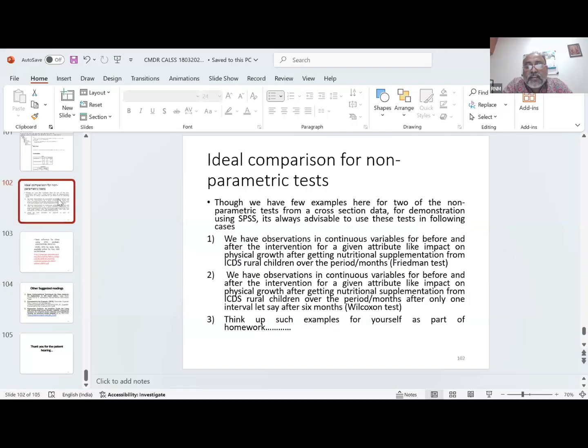The sentences look almost similar, but in one case I have written use the Friedman test, and in another case the Wilcoxon test. Now it is up to you to choose whether you need a non-parametric test which uses the mean score of ranks, or ranks based on the median. From that only you have to decide.